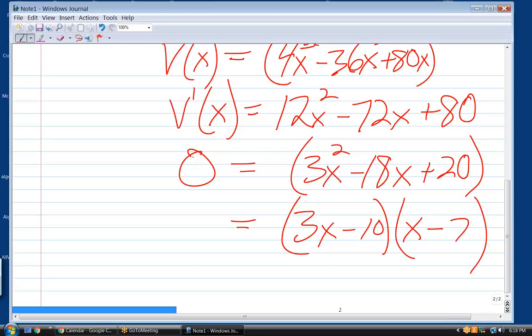In other words, that gives me 16x in the middle, minus 16x. 5 and 4 gives me minus 17x in the middle. 4 and 5 gives me minus 19x in the middle. I can't seem to factor that. What are other factors of 20 besides 4, 5, 10, and 2? That's it. So I've got to use the quadratic formula on this.